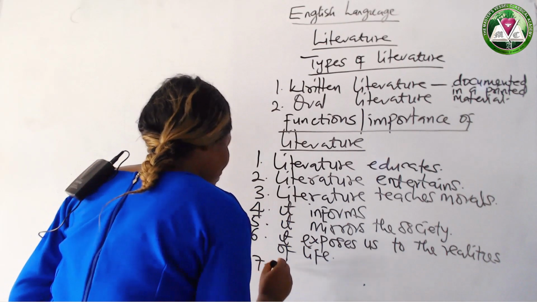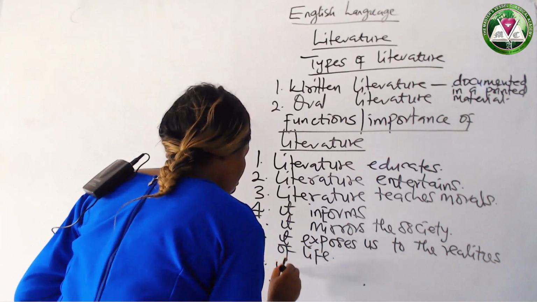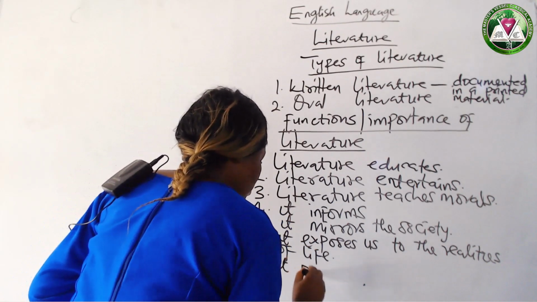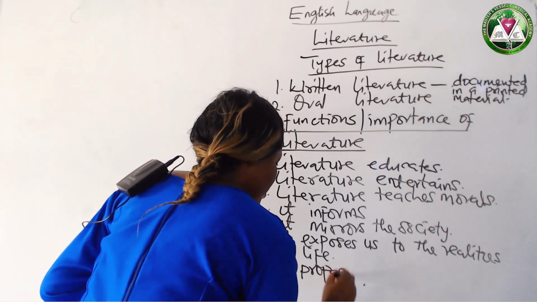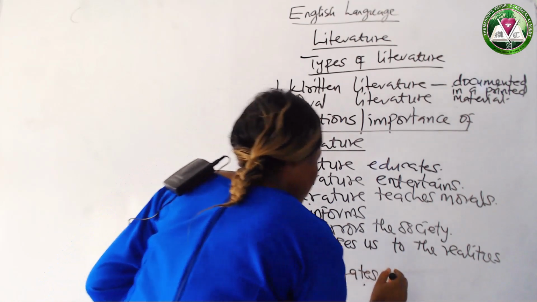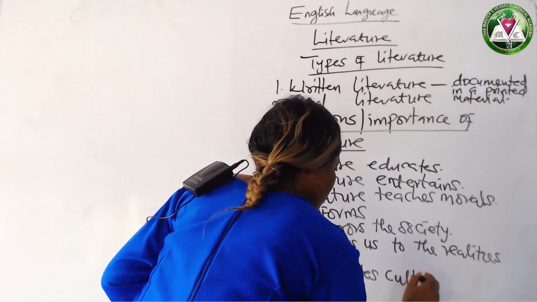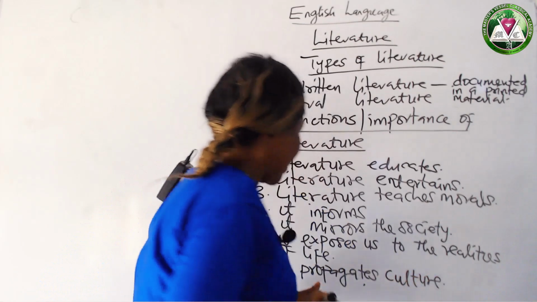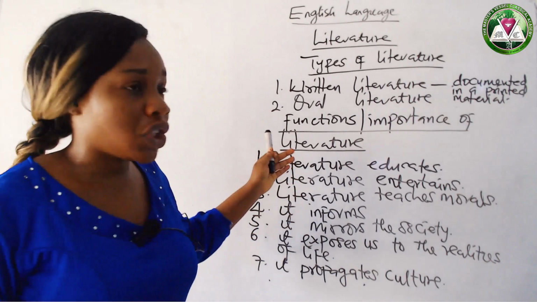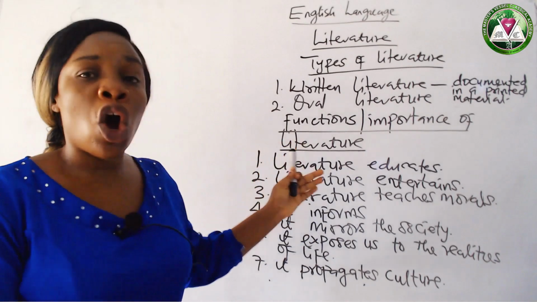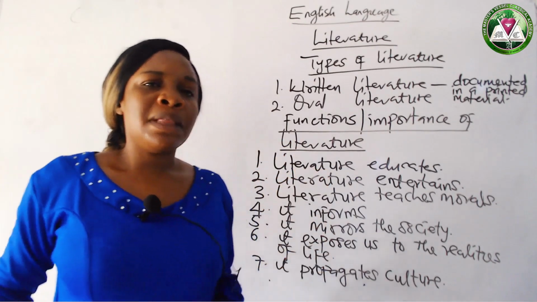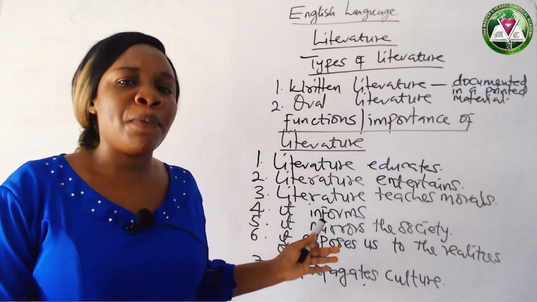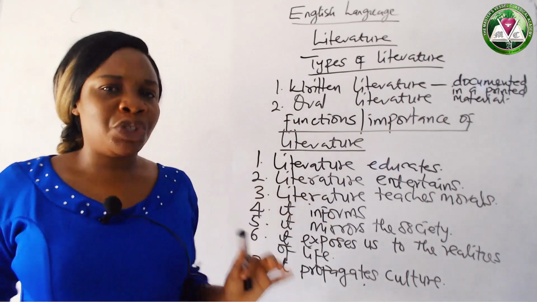Number seven, it propagates culture. Okay, so these are the functions or importance of literature.